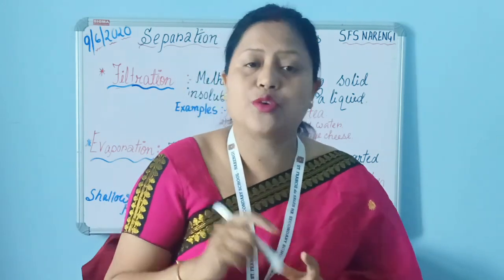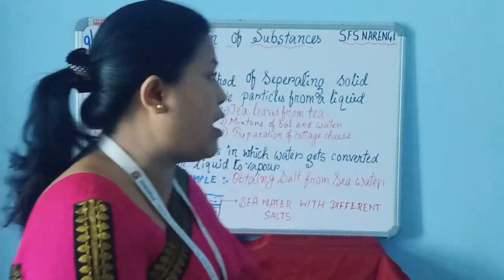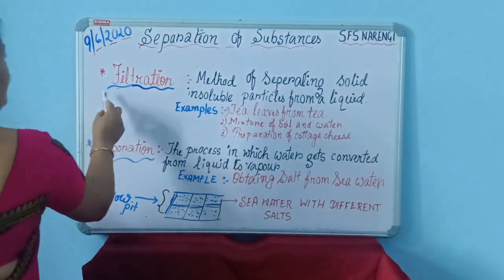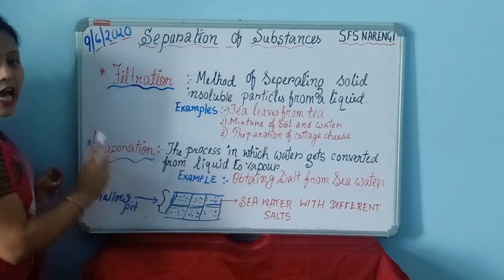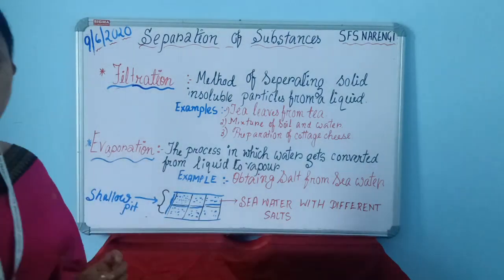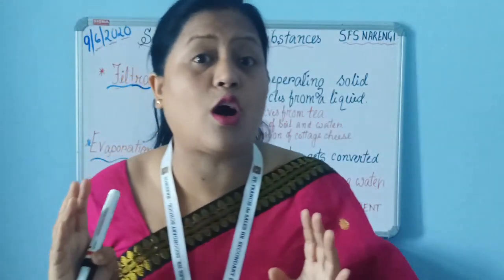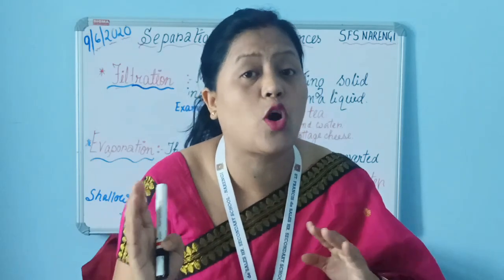Alright, so let us start with the class. Today we are going to discuss filtration and evaporation, and one more topic, that is using different methods of separation for separating components from a given mixture. Clear? So let us start with that.